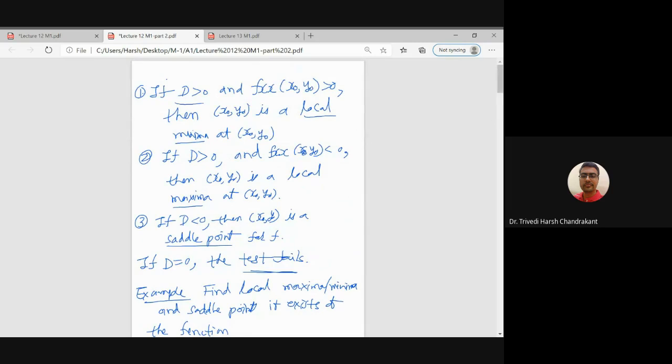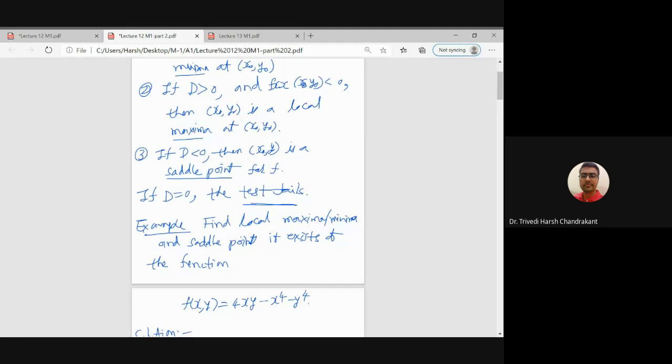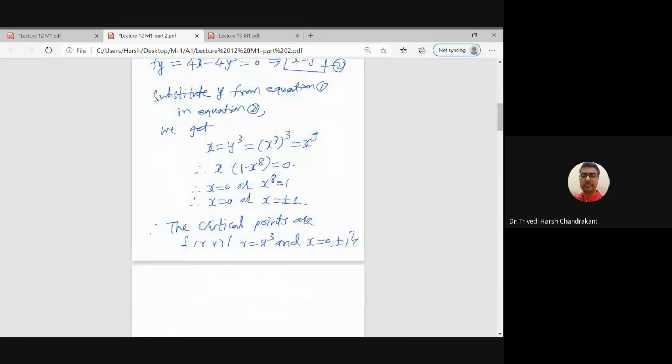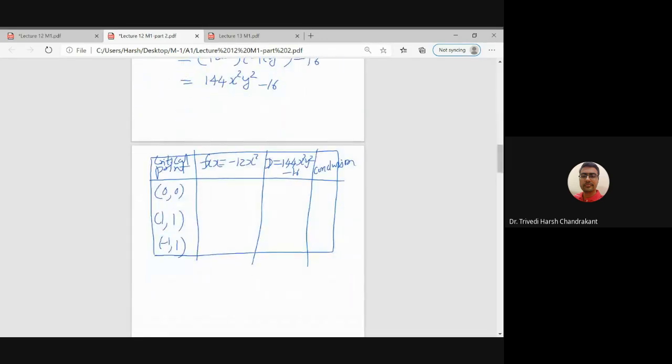Both will give us information whether the given point is local maxima, local minima, a saddle point, or the test fails. Let us first find all these values at these points. We did not complete the example.